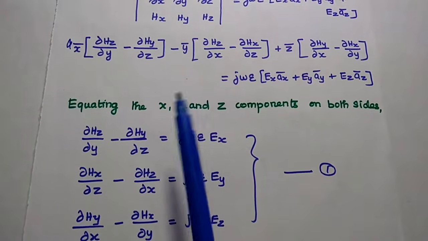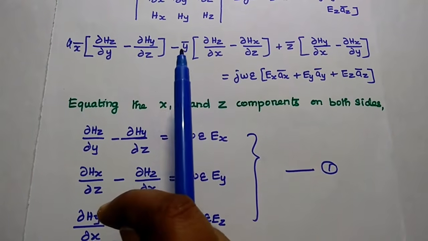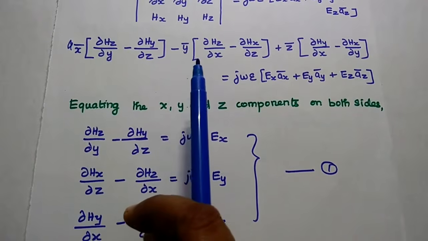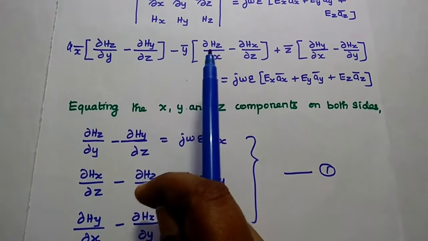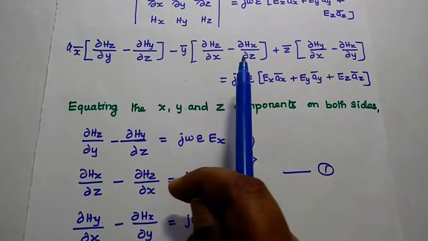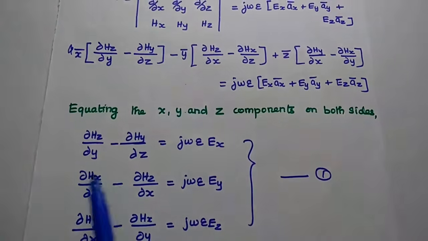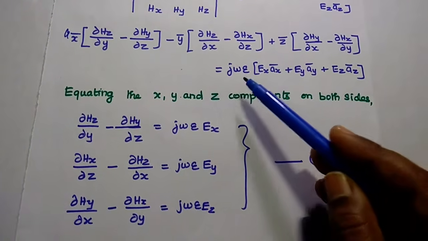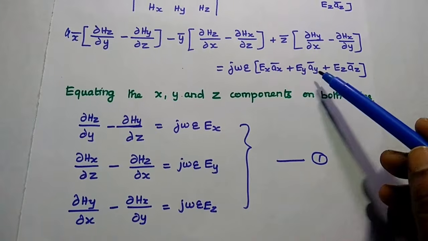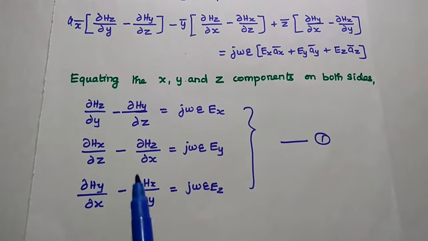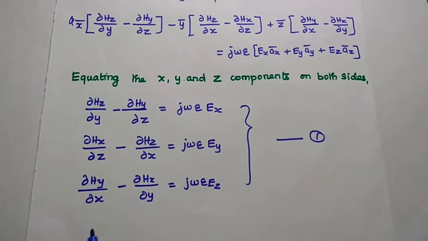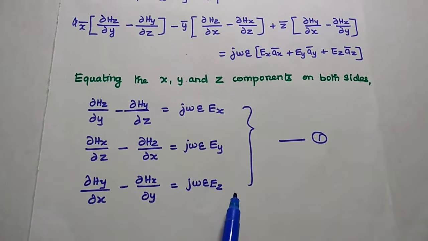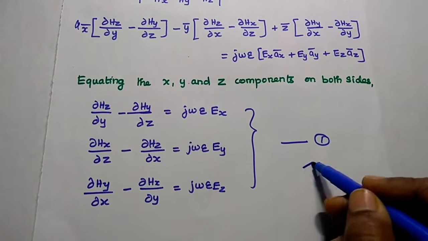Similarly, for the y component, we multiply the minus sign inside. Then the first term is dou Hx by dou z minus dou Hz by dou x, which is equal to j omega epsilon Ey. The last one is the z component: dou Hy by dou x minus dou Hx by dou y is equal to j omega epsilon Ez. Consider this as the first set of equations.